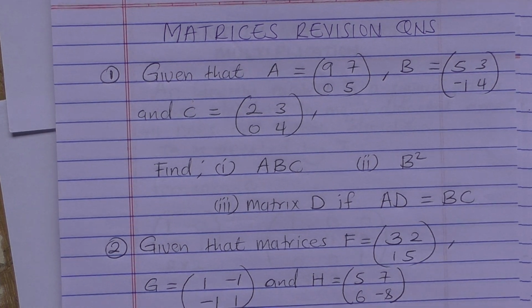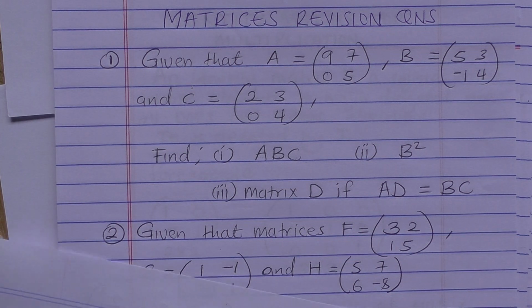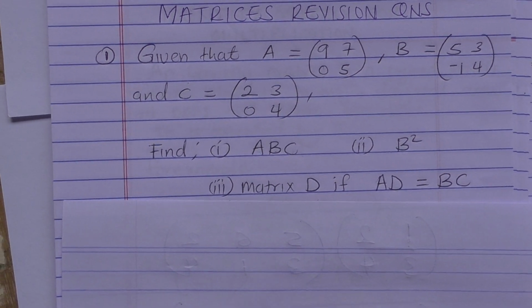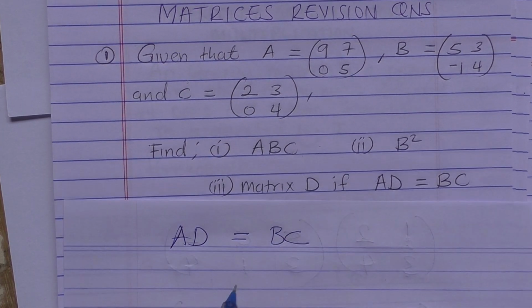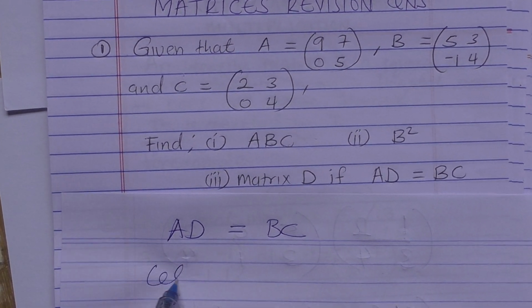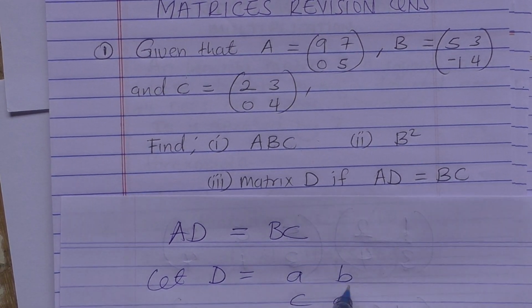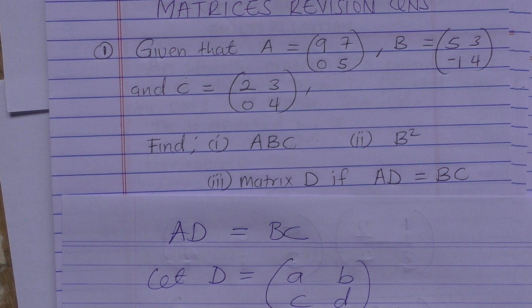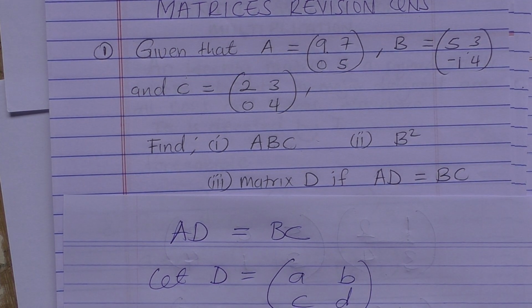For us to be able to get matrix D, let us first let the matrix be A, B, C, D. This is what I mean. We have AD equaling BC. So we shall let D be A, B, C, D, because these are all 2 by 2, so even D is a 2 by 2.